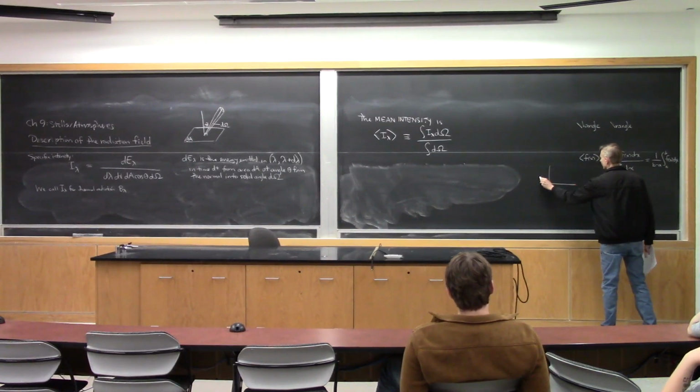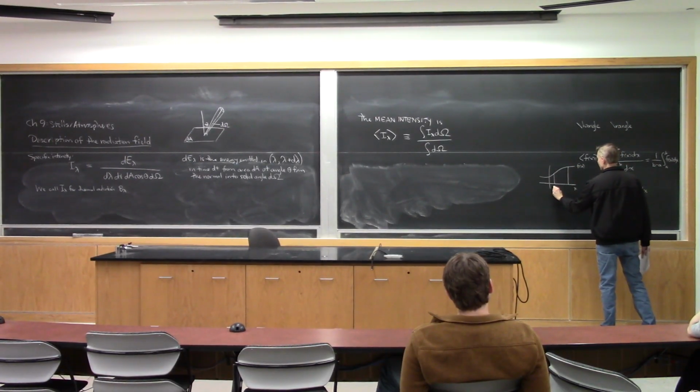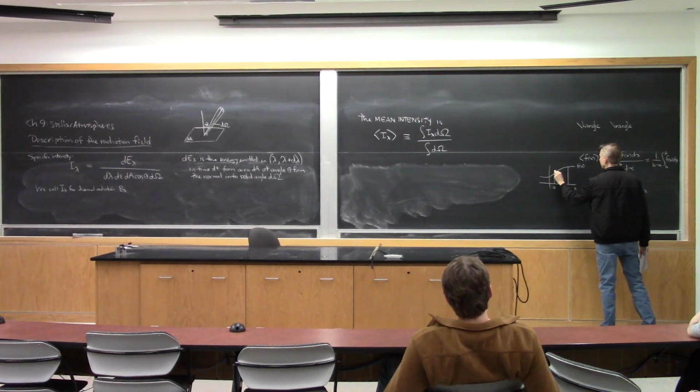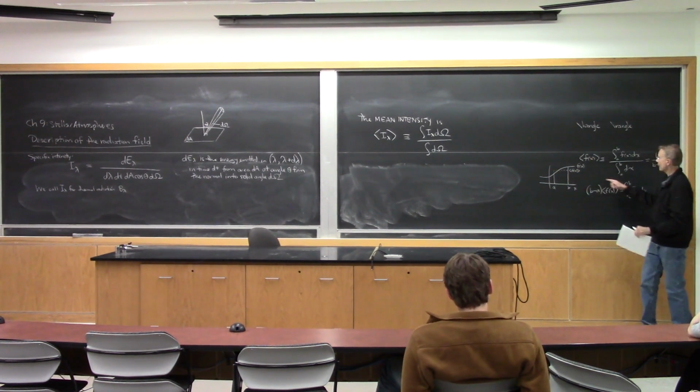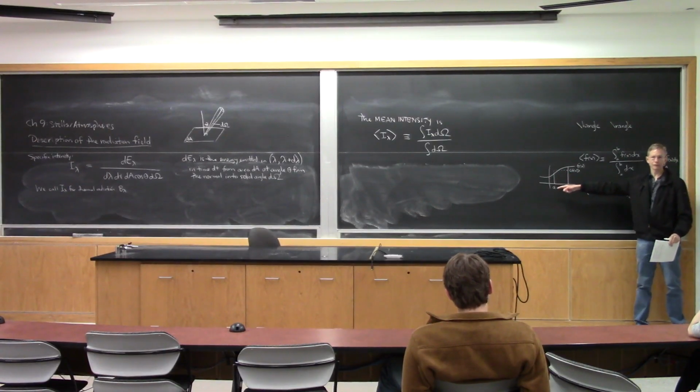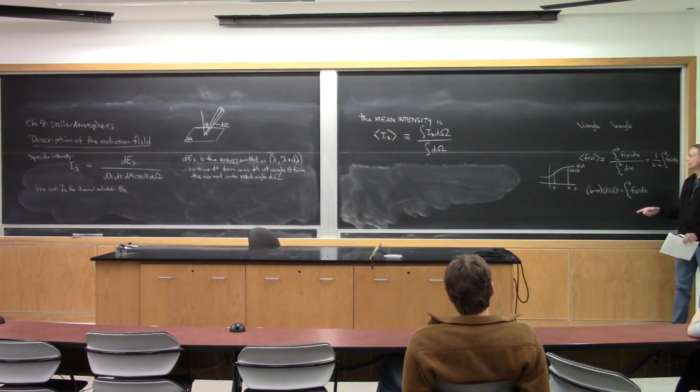So if this is f of x, there's b, the average value of f of x over the interval, so it'd be maybe somewhere like that, is the constant value that would have the same area under the curve as the actual function does, and that's why you call it the average value.